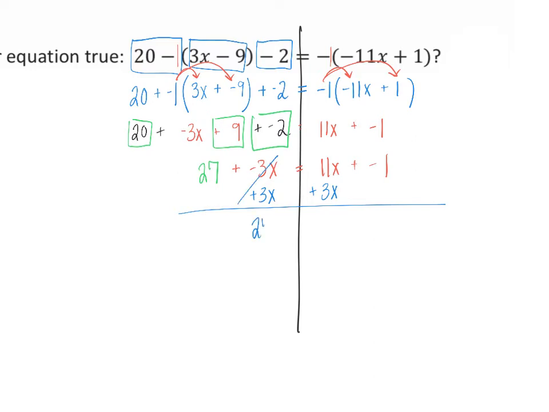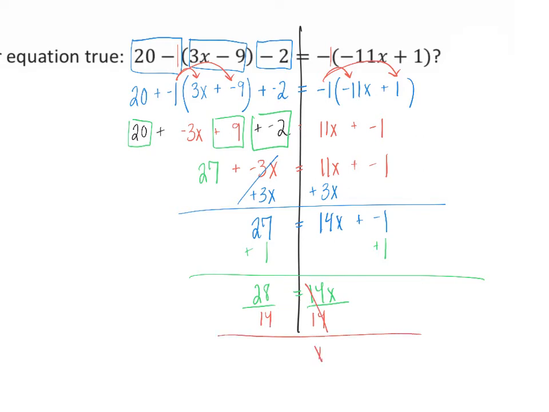I'm left with 27 equals 11, 12, 13, 14 x's plus -1. I want to get that -1 to the other side, so I'm going to add it. Now I have 28 equals 14x. Divide both sides by 14. Over here it cancels. I'm left with x.